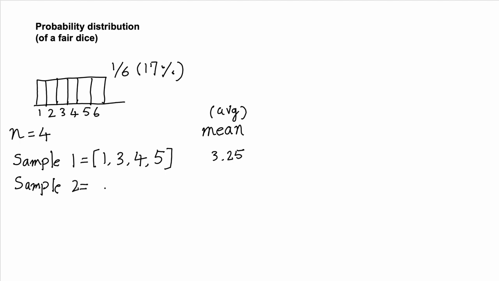For the second sample, let's say I get a 2, a 3, a 4, and a 6. Okay, 2 plus 3 is 5, 5 plus 4 is 9, 9 plus 6 is 15, 15 divided by 4, which gives us 3.75.